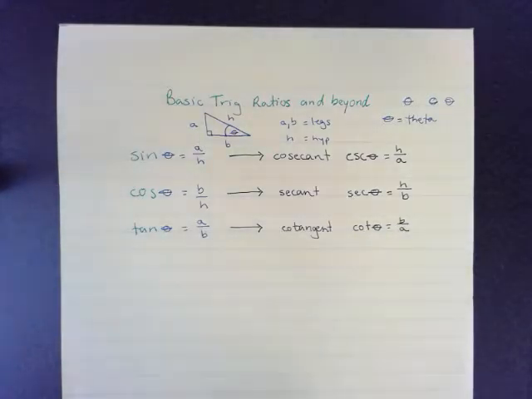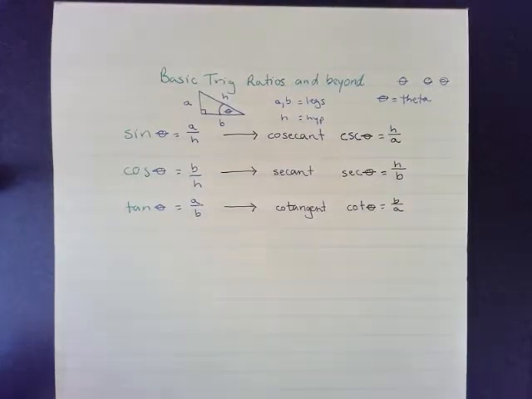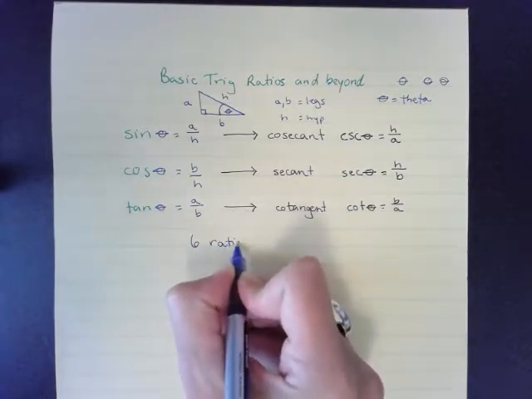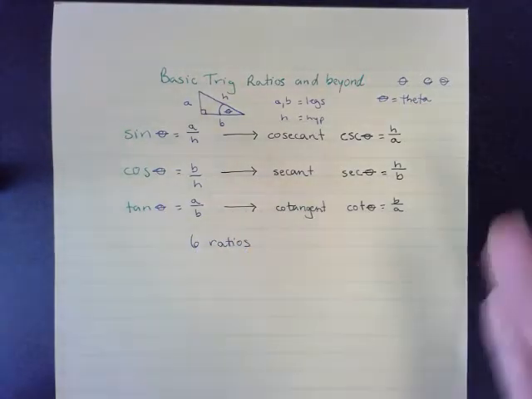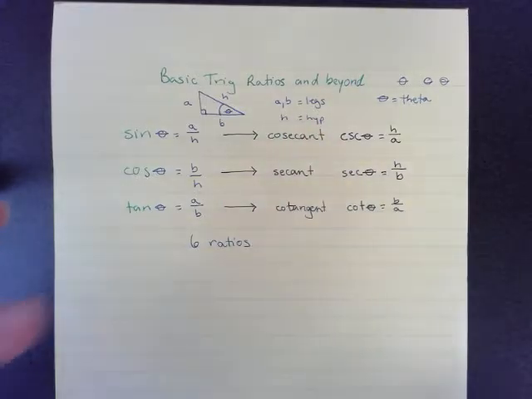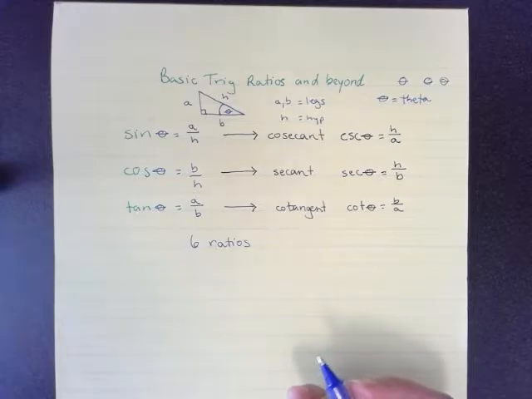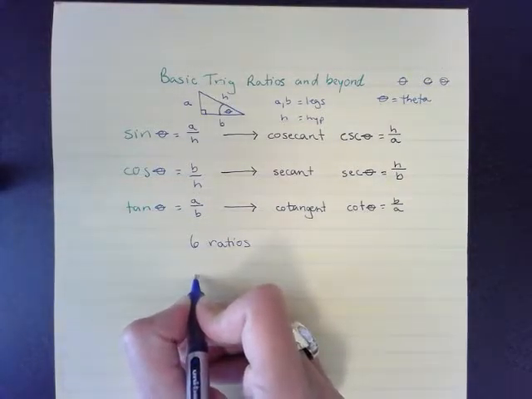So this looks a little confusing, but now what we have to get out of this is that there are now 6 ratios for our trig ratios that we can use. So there are 6 ratios. And they're all kind of dependent upon each other. So it's going to be important for you to see how they connect to each other. So again, let's quickly just wrap it up.